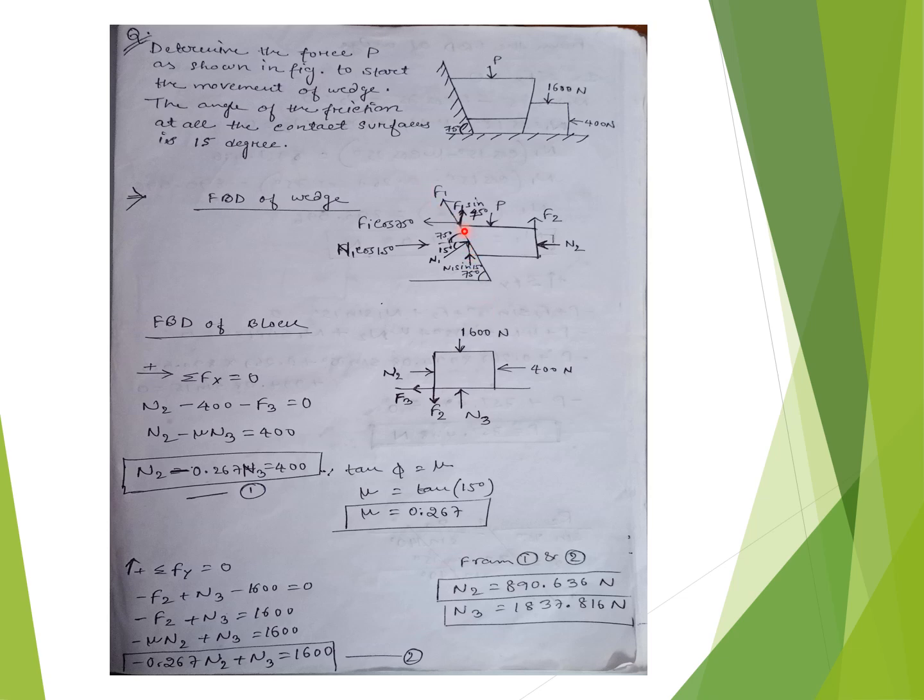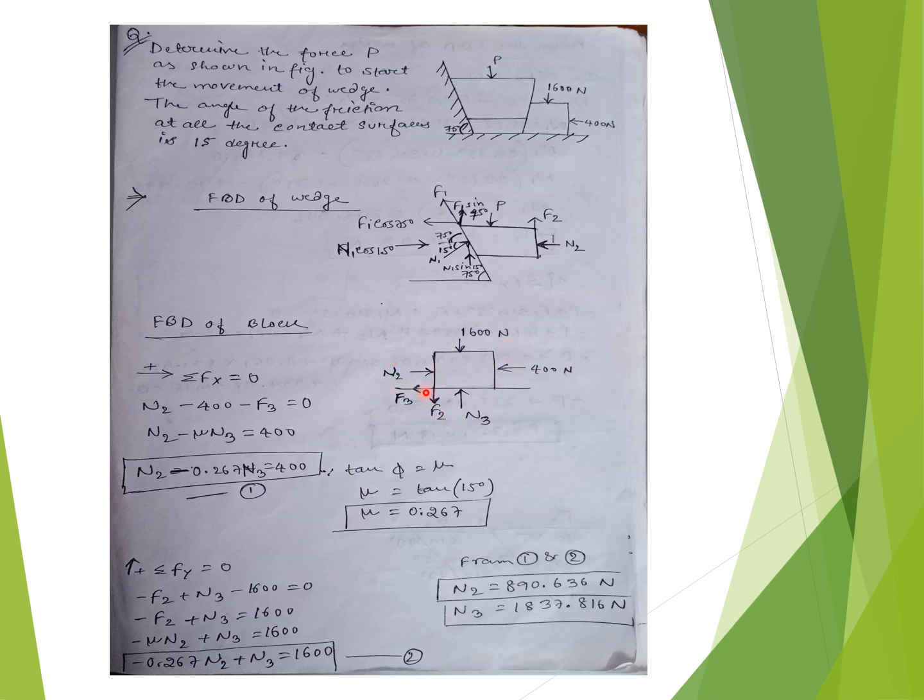We also find the components of the force F1: F1 sin 75 degree and F1 cos 75 degree. As 75 degree is given here, if we draw a straight line here, the corresponding angle will also be 75 degree. So in that way, F1 cos 75 degree and F1 sin 75 degree, and F2 force given. Free body diagram of block.